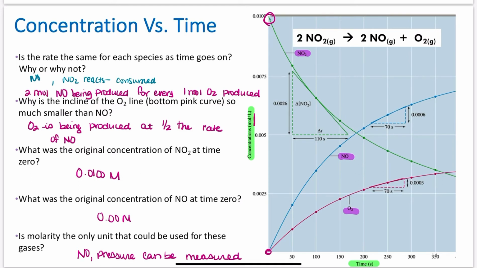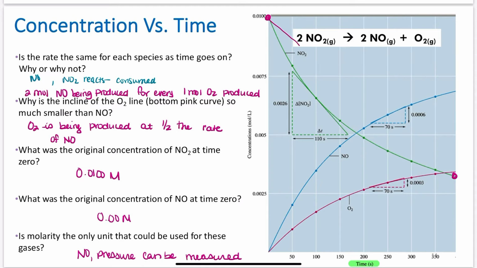But again, I want to talk about instantaneous and average rate on this slide too. So let's talk about NO first. I'm going to erase anything I've written on here so far. If I talk about NO, let's say I want the average rate. I start out here at 0.01 molar, and I end down here somewhere between 0.0025 and 0.005, closer to 0.0025.